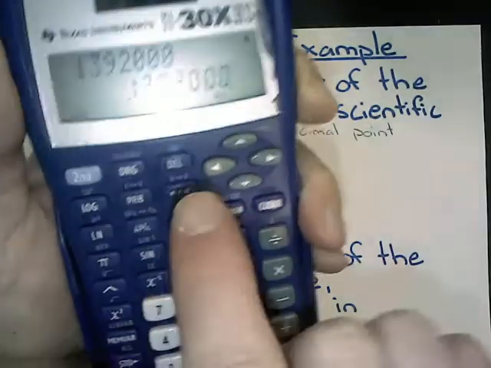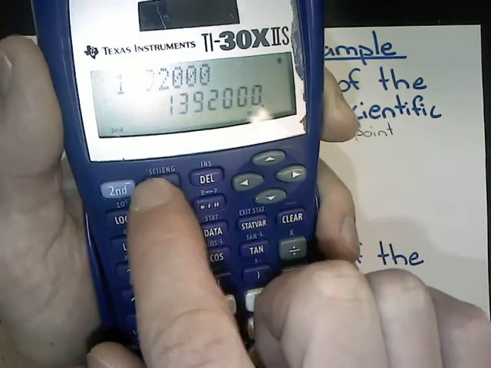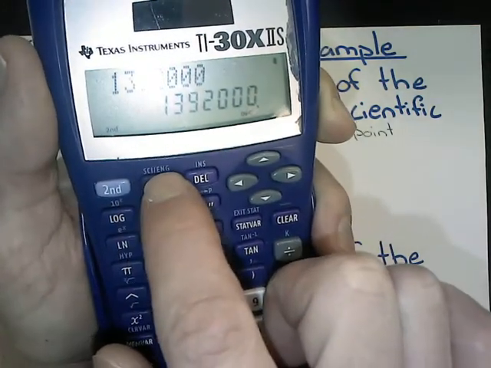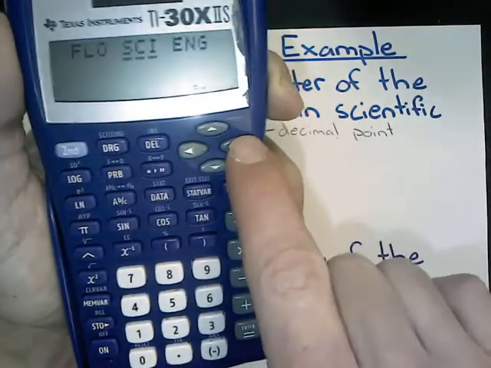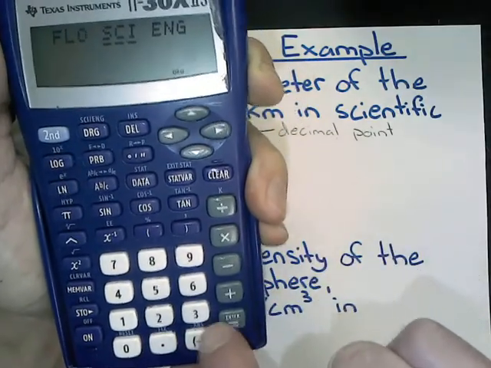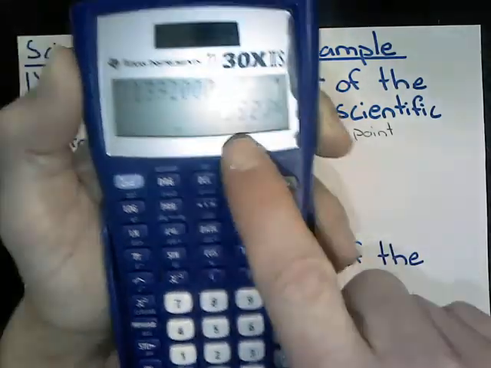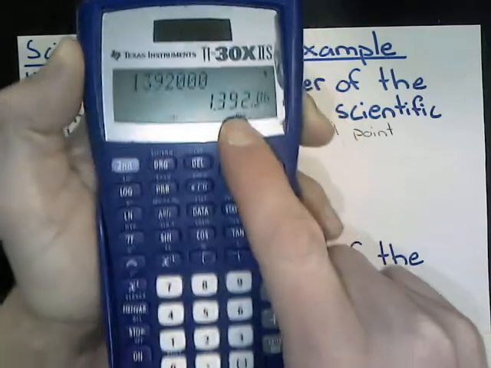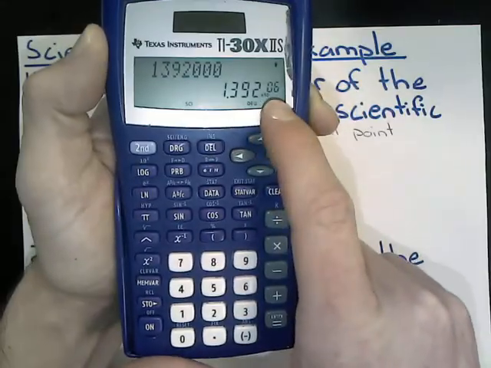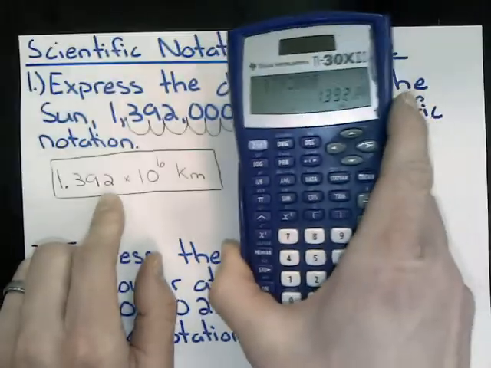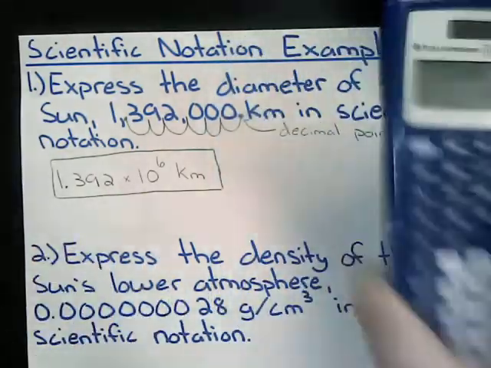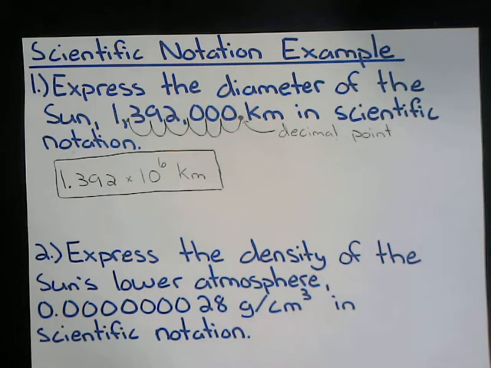You go over to where it says, in this painted on writing, sci/eng, and then you scroll over using the arrow keys, you select sci, and you press enter. Well, now we get 1.392 times 10 to the 6, which is the same value that we have here. So we can always double check ourselves with our calculators.